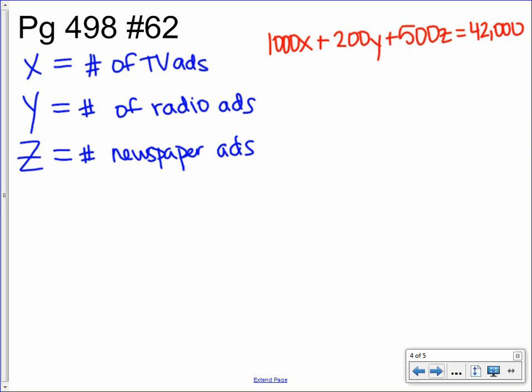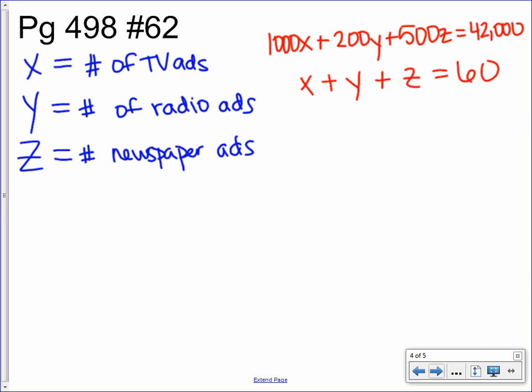Next piece of information, the department wants to run 60 ads per month. Excellent. And then they want to have as many television ads as radio and newspaper ads combined.